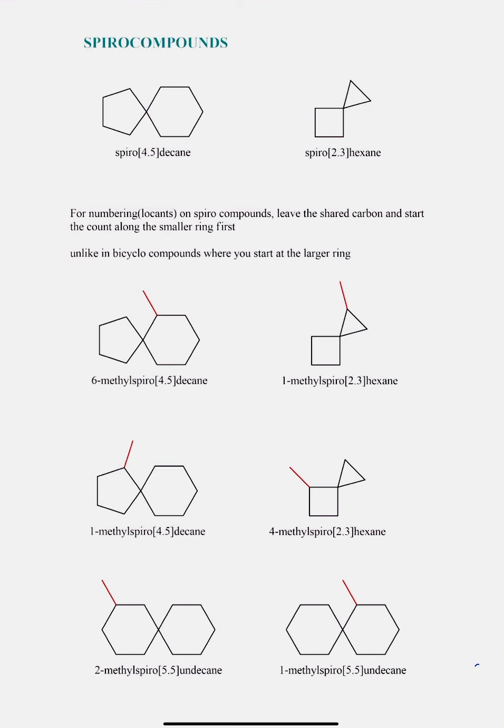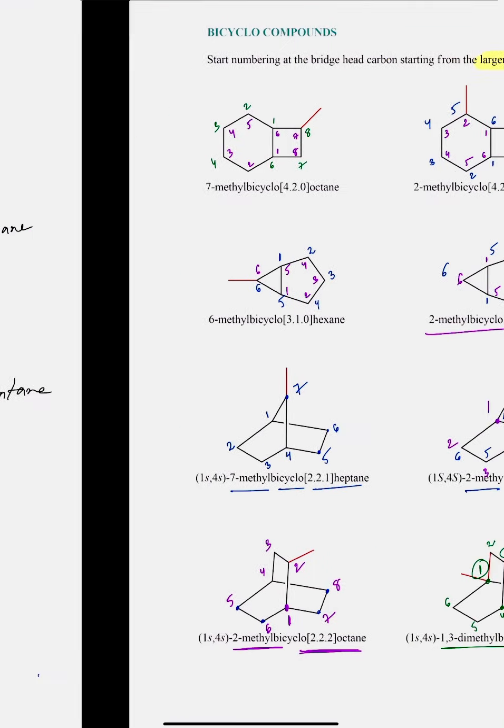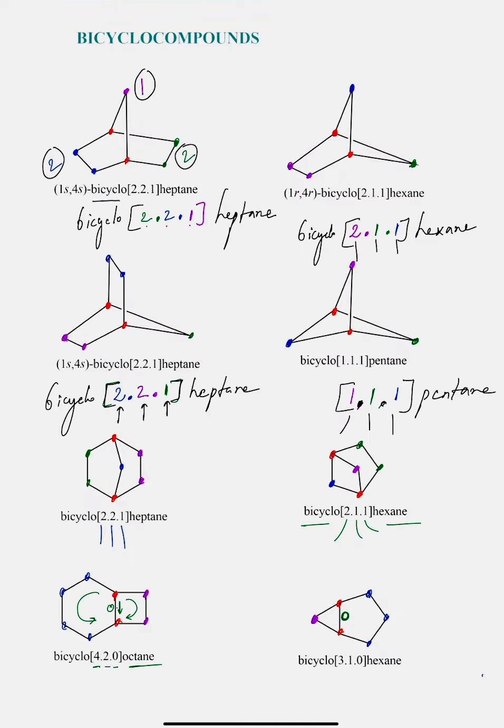Let us see. In order to write the name of a spiro compound, you have to first identify which the common carbon is, which is quite easy to see. The carbon that connects 2 rings is the common carbon atom. So while dealing with bicyclo compounds, you first identified the bridgehead carbons and then you saw how many carbons were on each bridge.